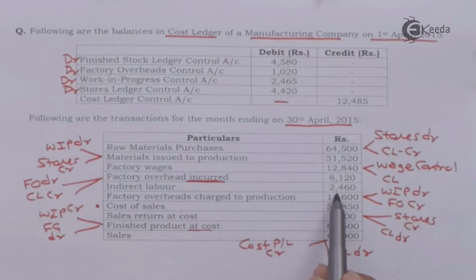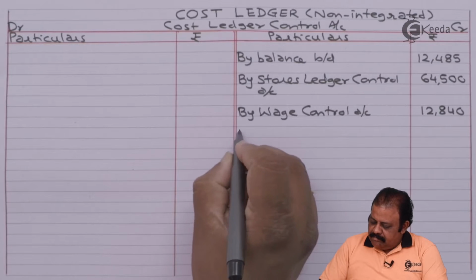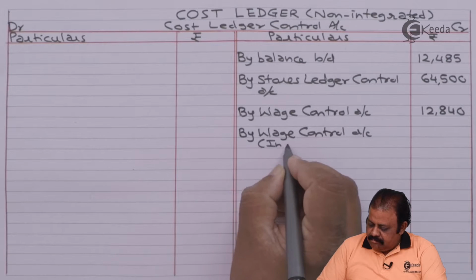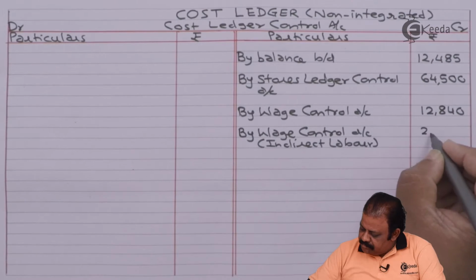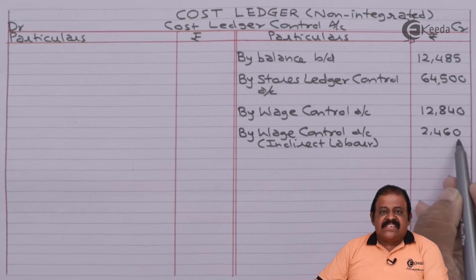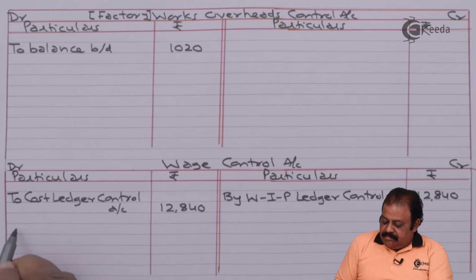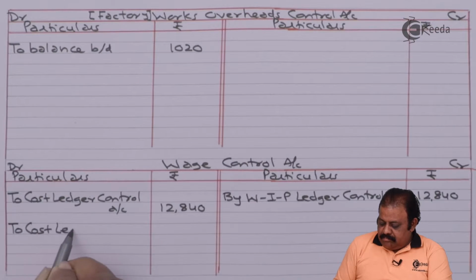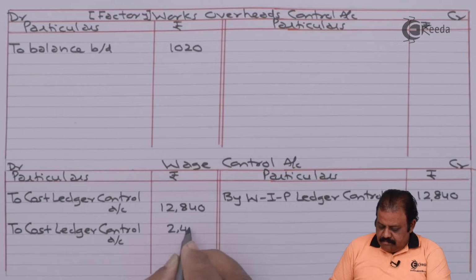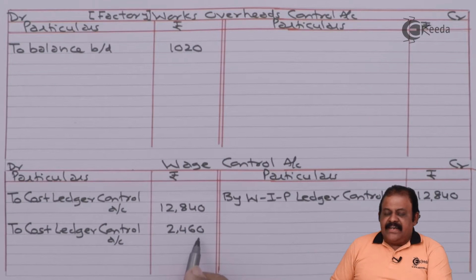12,840. Indirect labor 2,460. This will be credited to cost ledger control account. By wage control account 2,460. Wage control account debit to cost ledger control account 2,460.